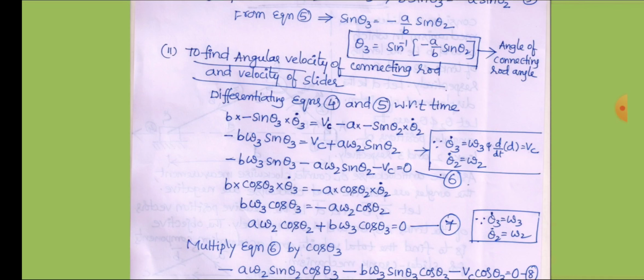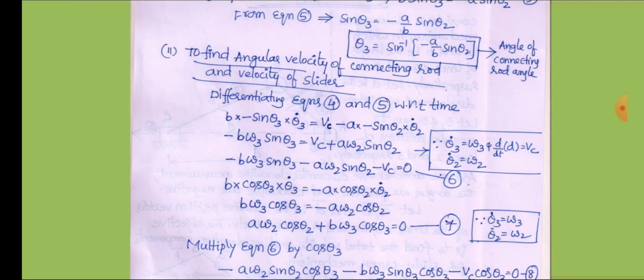Now look at b, anyhow it is constant. Differentiation of cos theta is minus sin theta. Therefore, it is minus sin theta 3 into d by dt of theta 3, that is theta 3 dash, that is equal to d dash. What is d? It is the displacement of the slider.